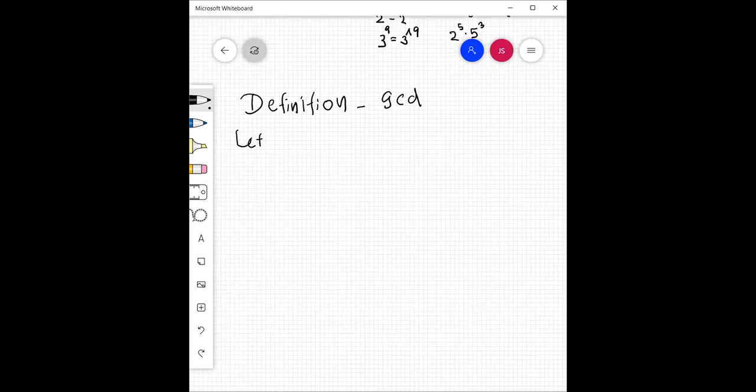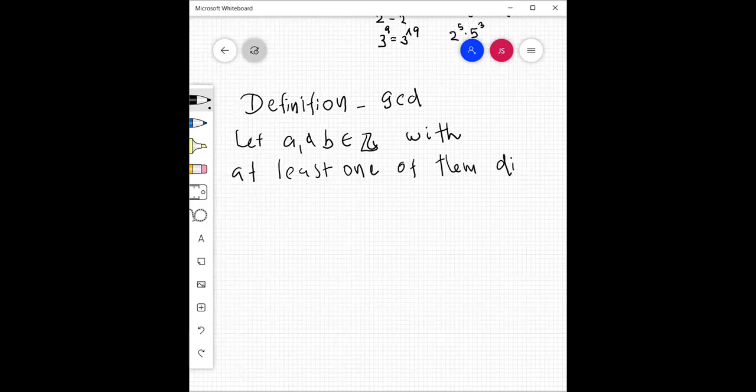So let A and B be integers with at least one of them different from zero.